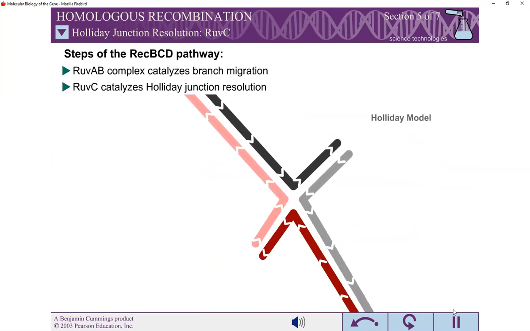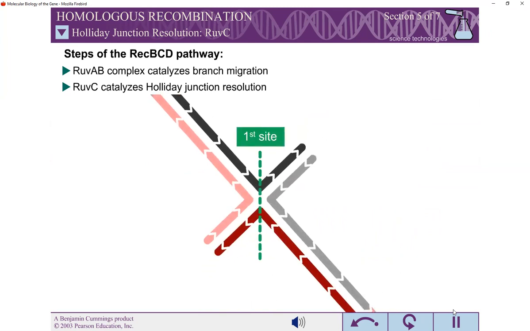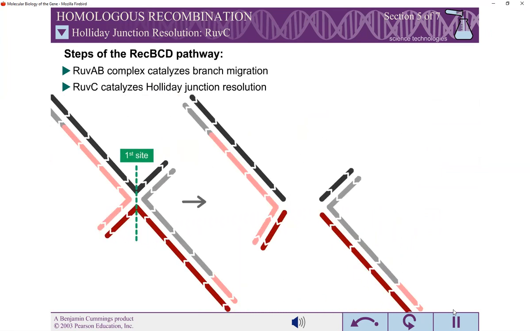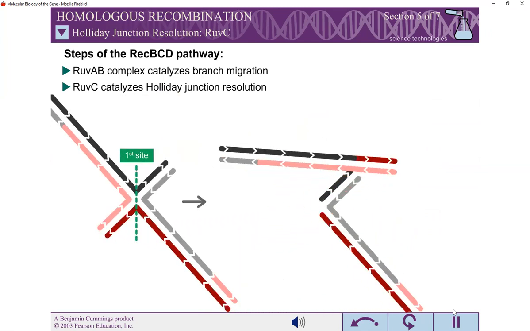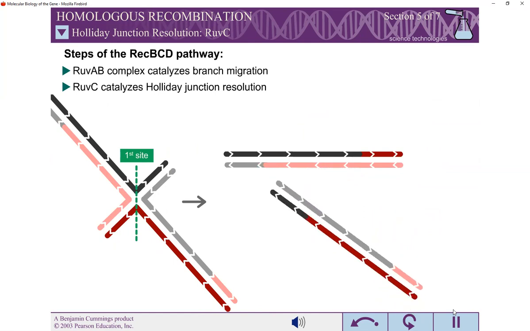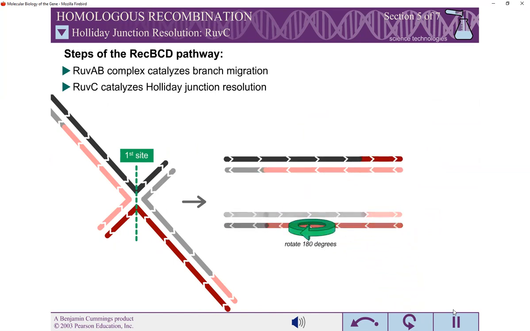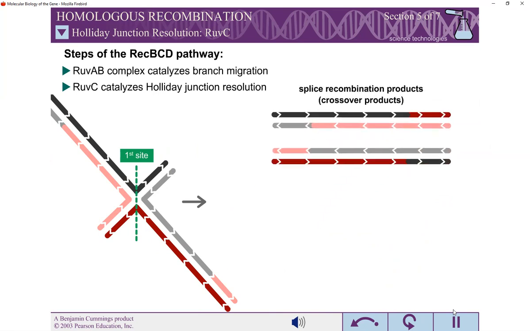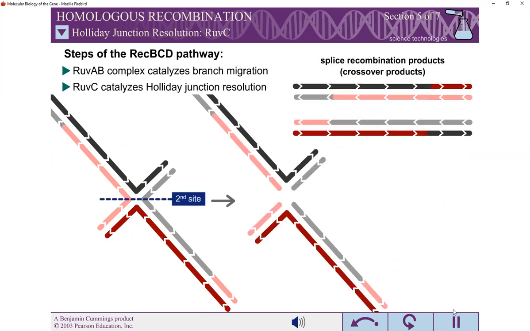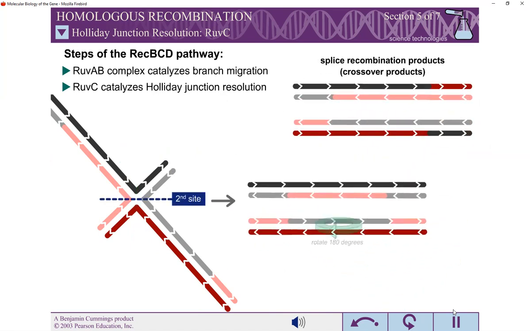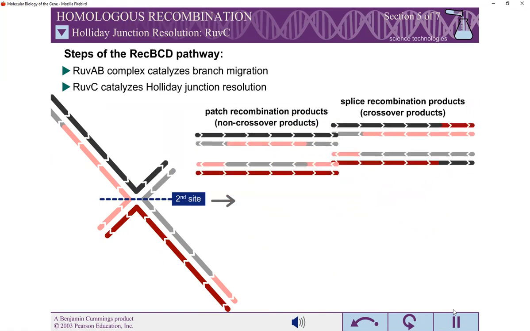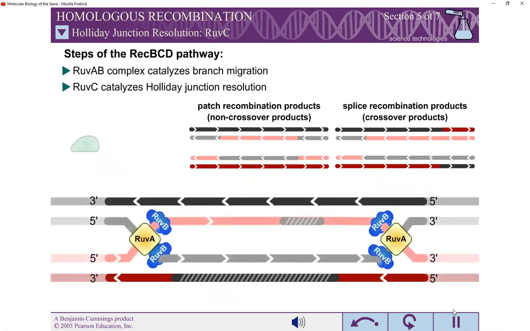Again, this step is similar to that of the Holliday model, except it can involve two Holliday junctions. As will be shown, the possible products are the same: patch recombination products, also called non-crossover products, or splice recombination products, also called crossover products. In the RecBCD pathway, this step is catalyzed by the RuvC endonuclease.